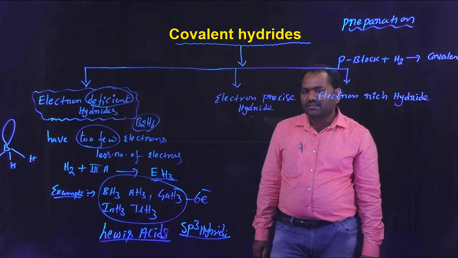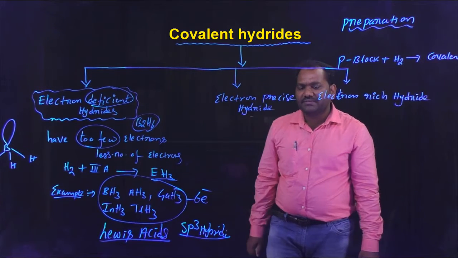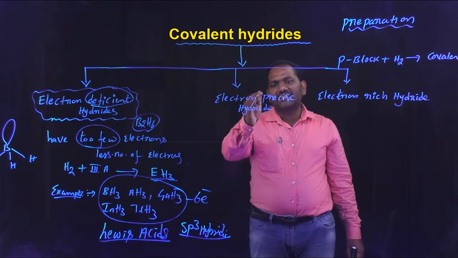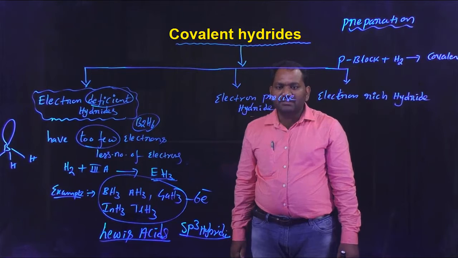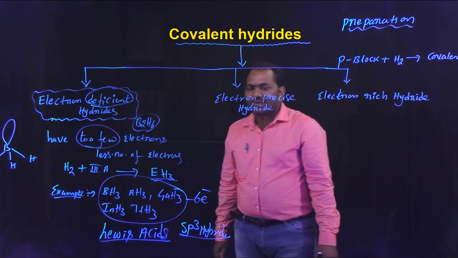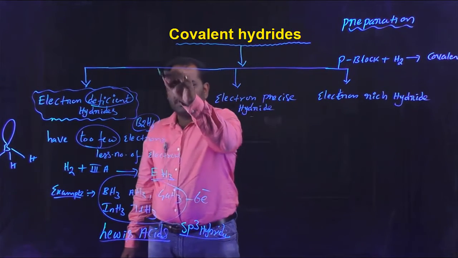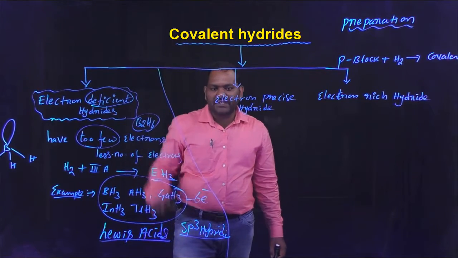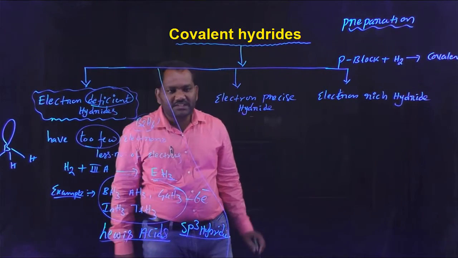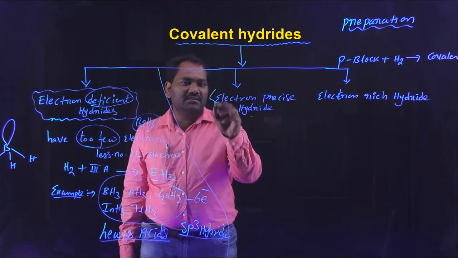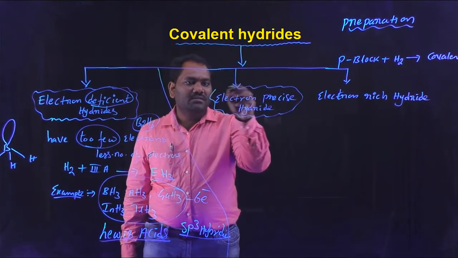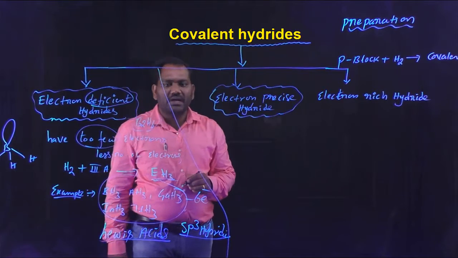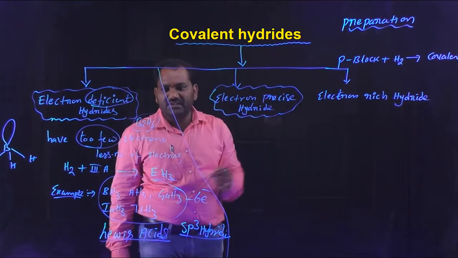Okay, clear. And next one is electron precise hydrides. Okay, here this is about the electron deficient hydrides. It is completed. Next one is electron precise hydrides. Precise means sufficient.